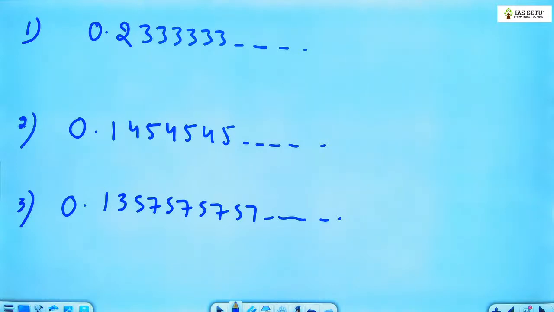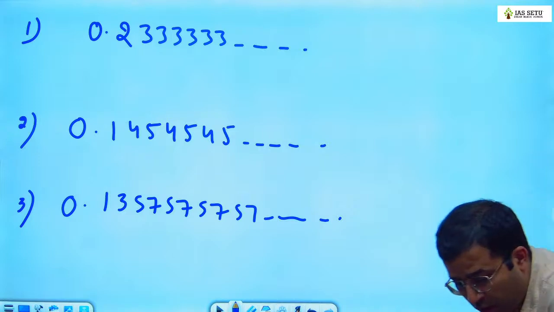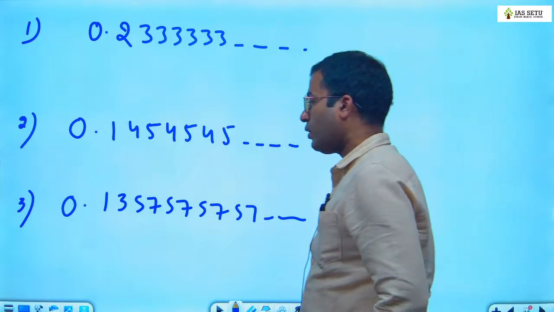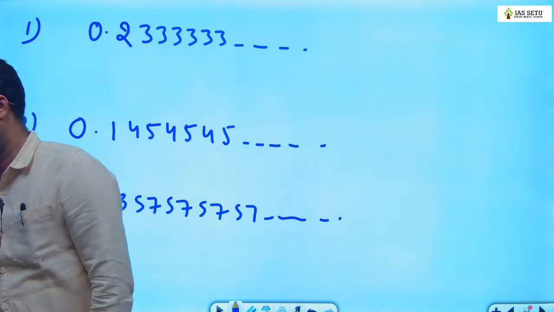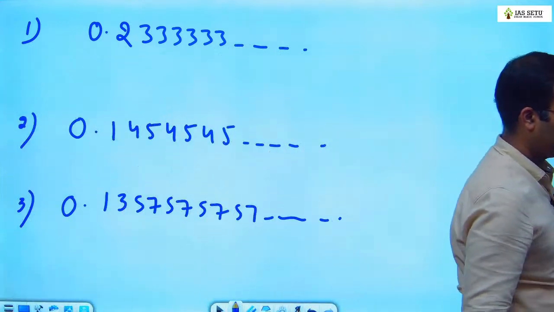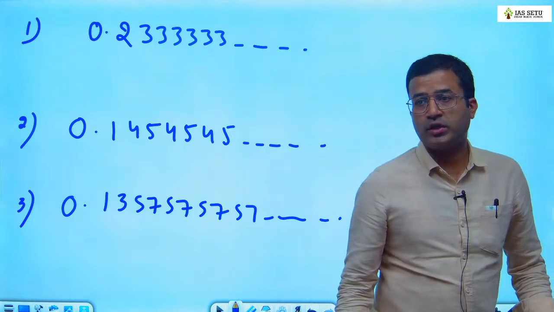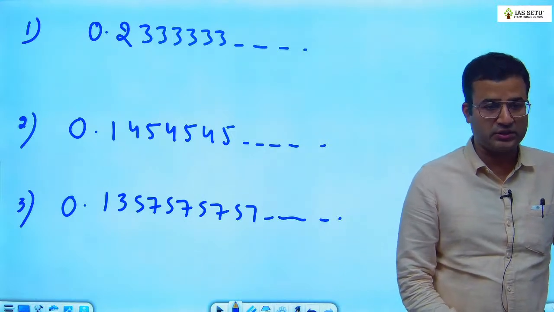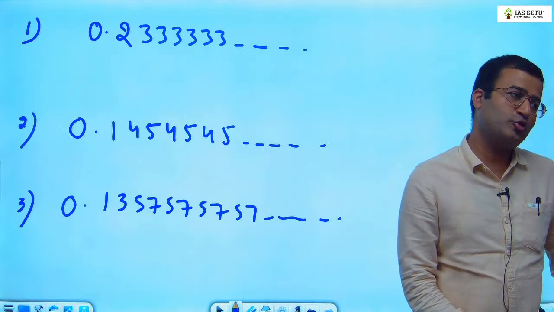Try to simplify also. Those who have done it, try to simplify. You will get a calculator to do your calculation, but only after your selection. Till then, you have to do your own calculation.